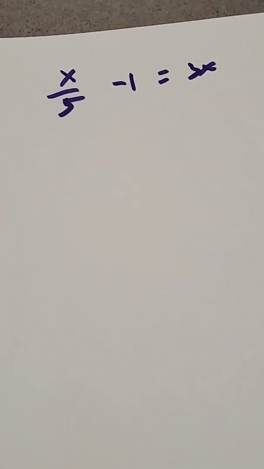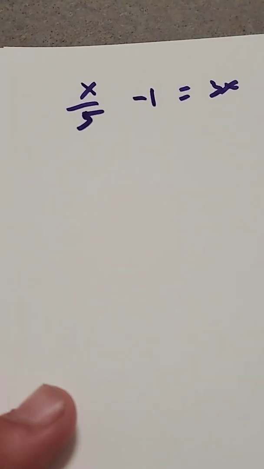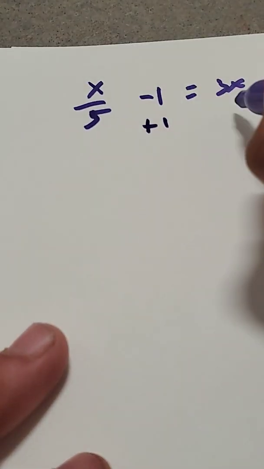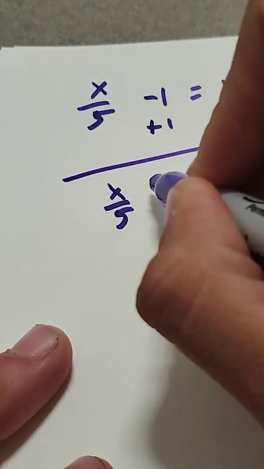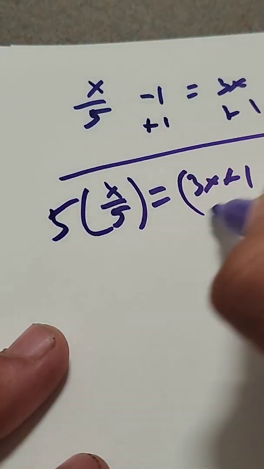Well, now this time we're going to isolate variables. There's multiple ways to do this. The easiest way for me in this case, I would add 1 to both sides. So x over 5 is equal to 3x plus 1. Multiply by 5 to get rid of this denominator.